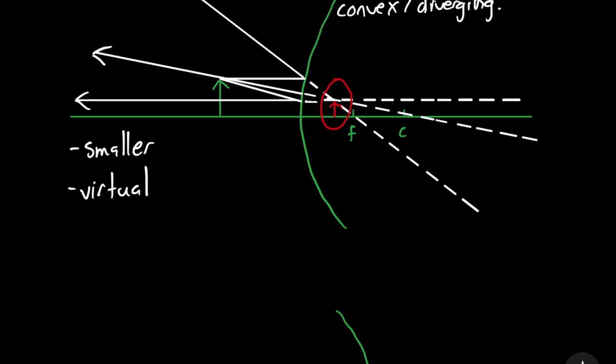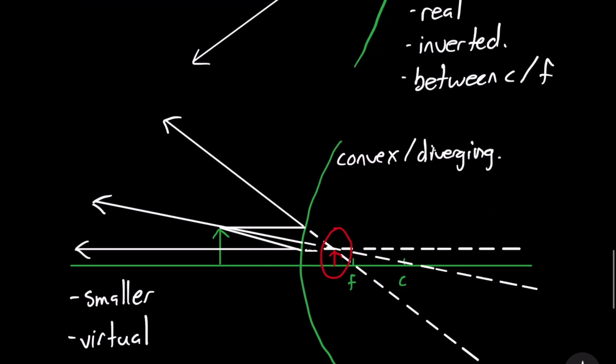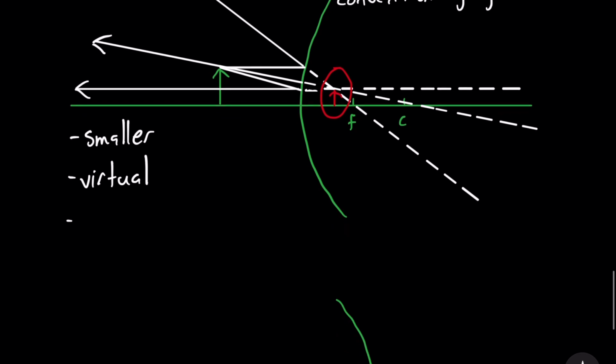So it can be found within the mirror. If you were looking into the mirror, this image is found in the mirror. Next one, it is right side up. Okay, so we can just say right side up, that's fine.